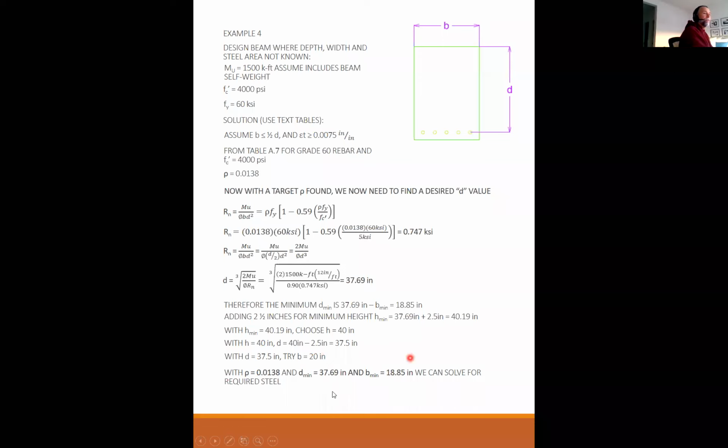So I'm using all three of my original design values because those were based on the 0.75 and a capacity of 1500. I'm going to plug those in and get 9.8 square inches. So choose 10 number 9s, which gives you 10 square inches of steel, which is really close to 9.8.